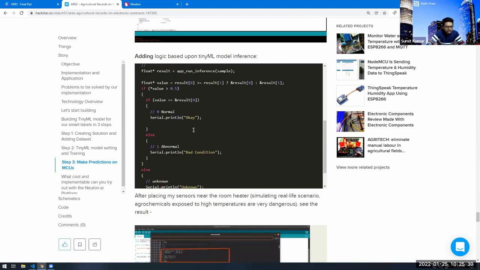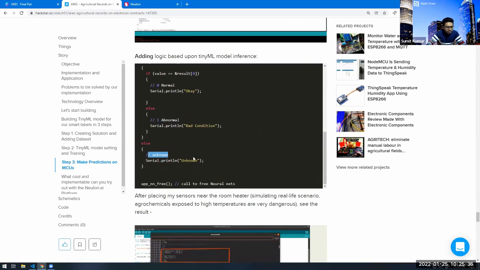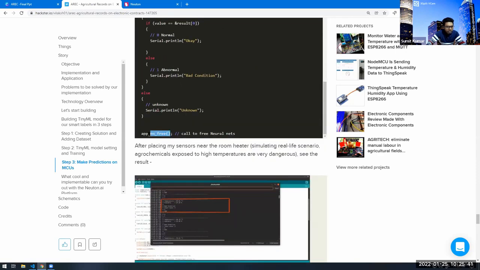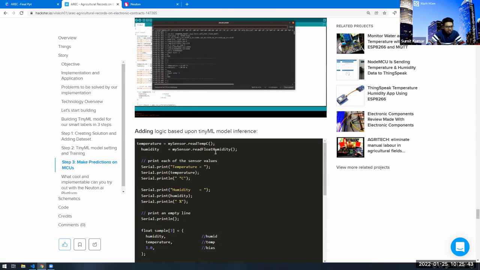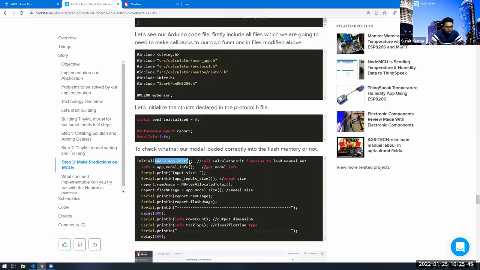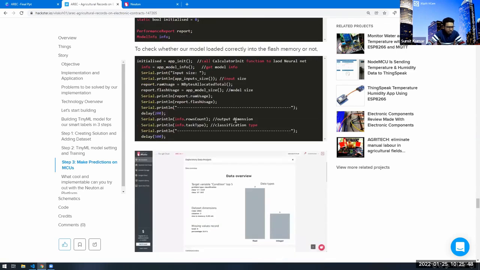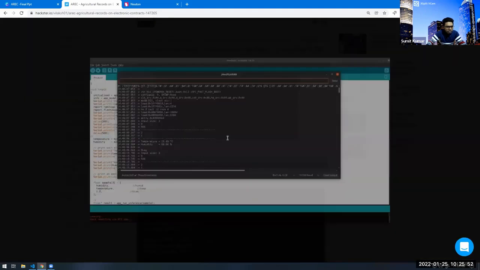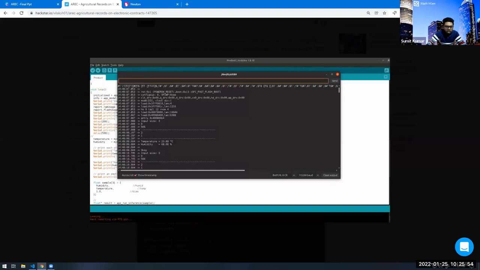We put in a condition: 0 is the normal condition, 1 is the abnormal condition, and then we have the unknown condition. Once you are done, you can free the memory and reinitialize from here, loading the model back. You just do an iteration and get the model output. You can see the output result I had been testing.